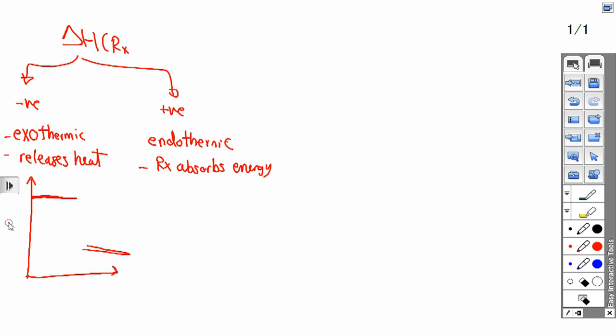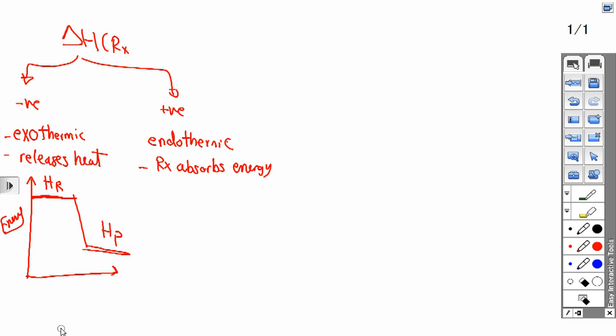This is the enthalpy of the reactant, and this is the enthalpy of the product. As you see, the enthalpy of the product is less than the enthalpy of the reactant.